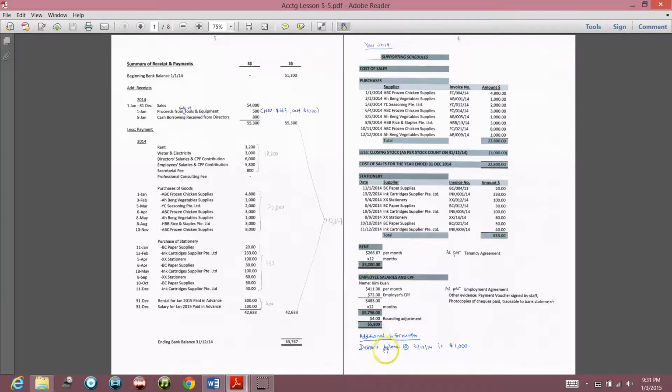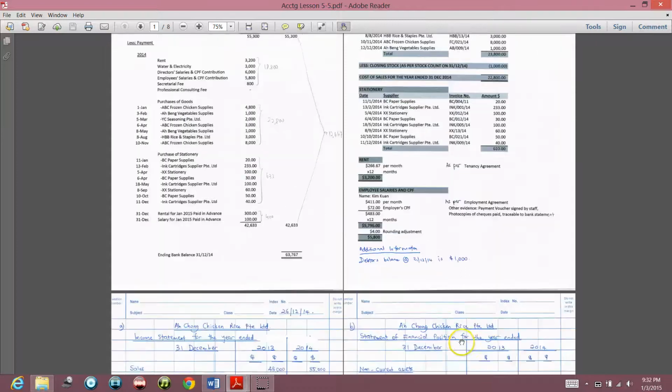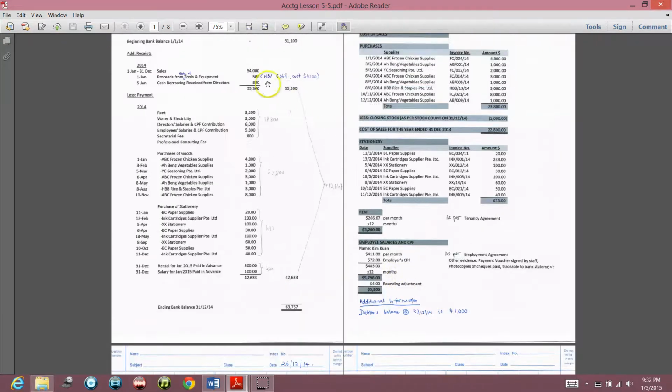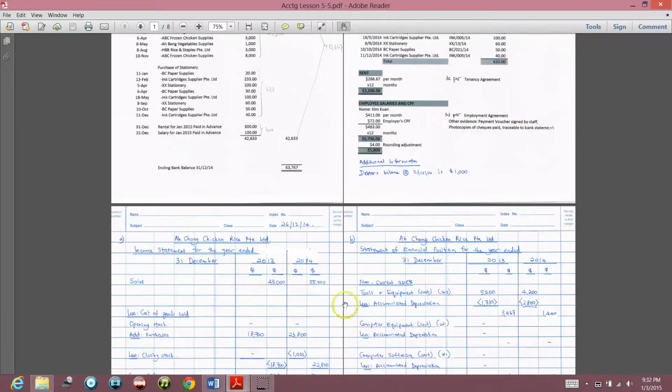If I look at the additional information, debtors balance is 1,000. So this is the sales that I have received in cash, and this 1,000 is what I have sold on credit but not received yet. So my total sales will be what I received plus what I have sold and not received yet: 54,000 plus 1,000 will be 55,000.